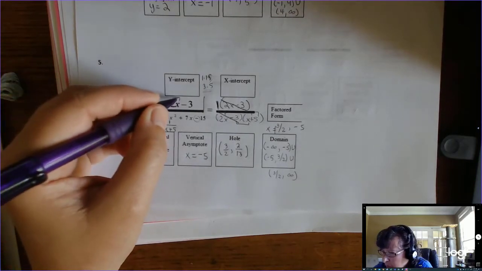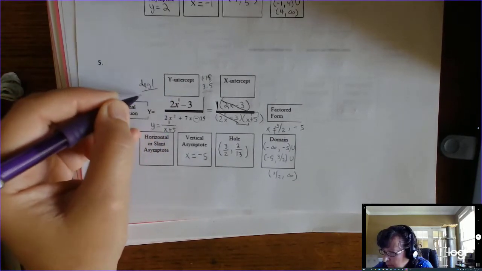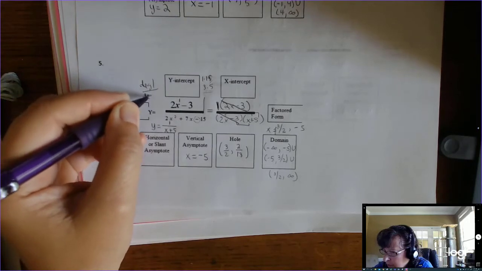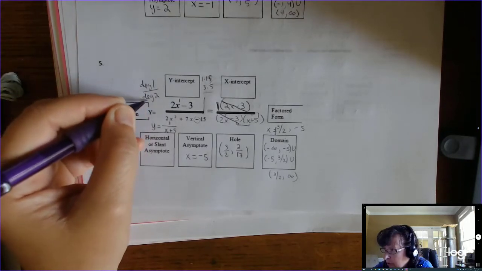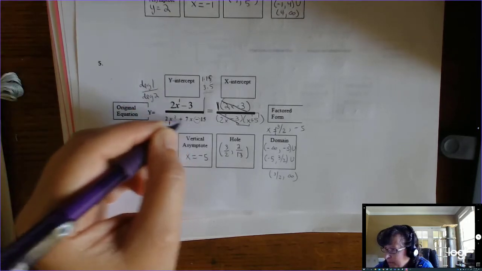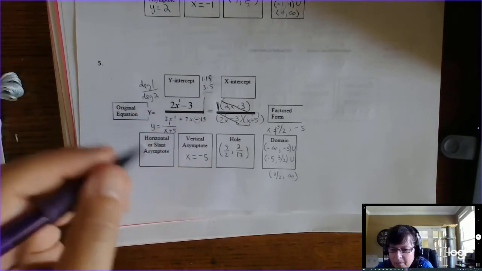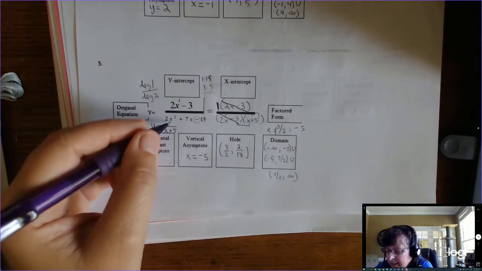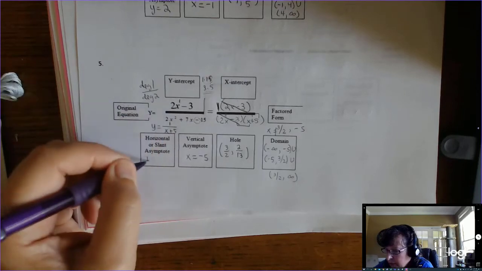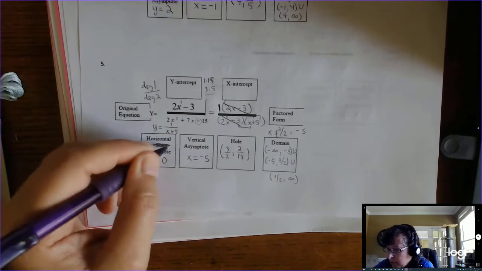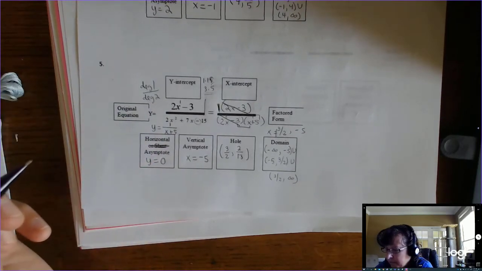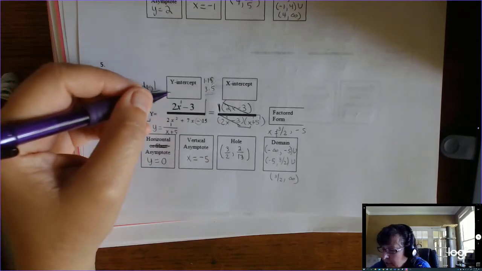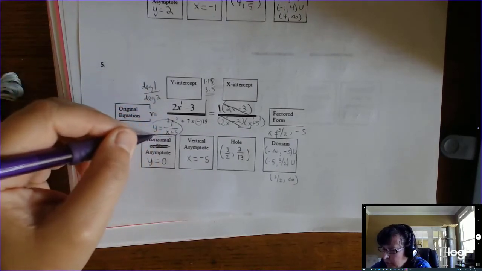Alright, and so the other thing I wanted to do is, we haven't done one like this. This is a degree 1 over degree 2. So this is what we call degree small over large. And when that happens, the denominator is just getting huge as x gets really, really, really large. So y equals 0 is your horizontal asymptote. Okay, your y-intercept, remember you can use the reduced function.